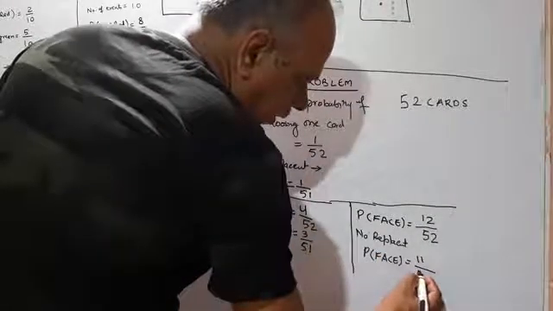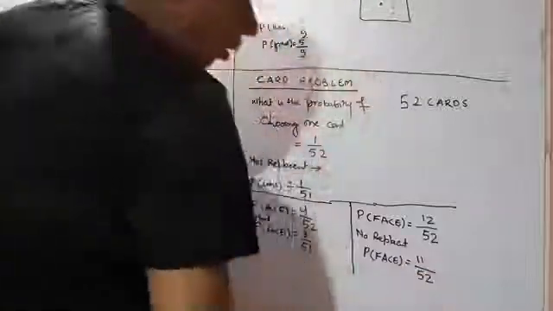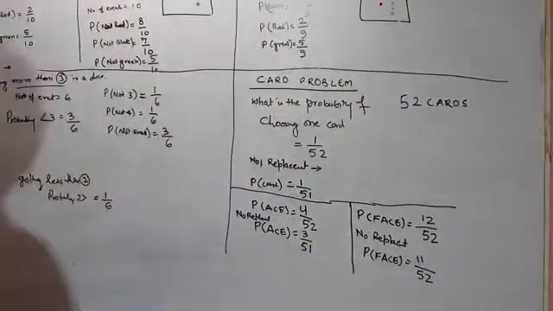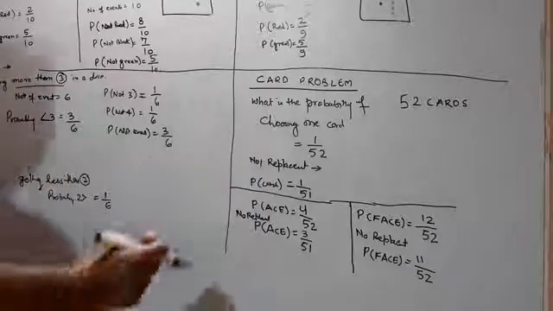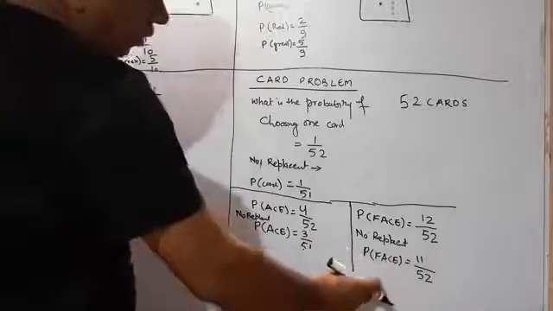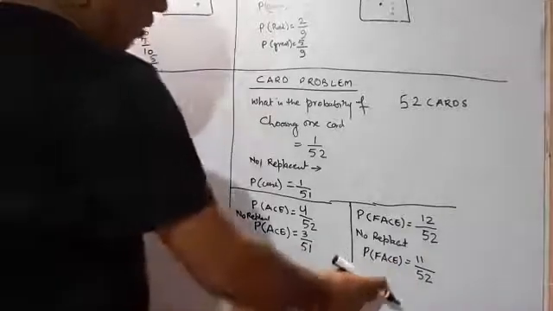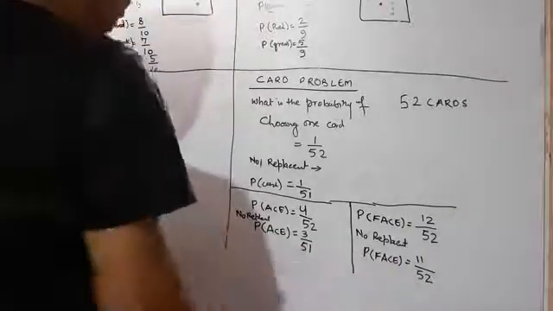So after no replacement, the probability of getting a face card will be 11 by 51. Now this is very important, and we will use these examples in real-life problems.